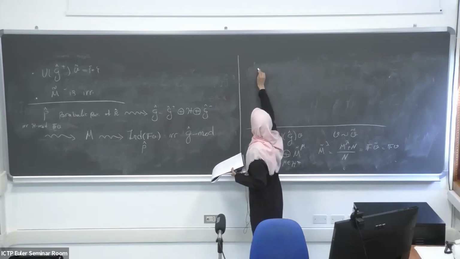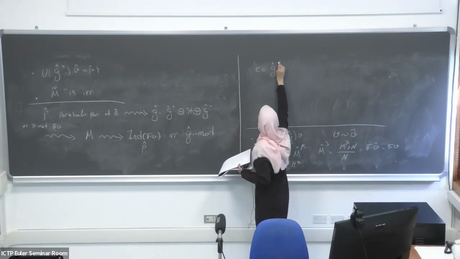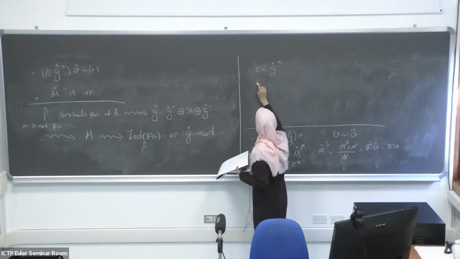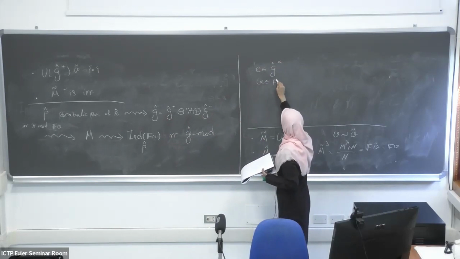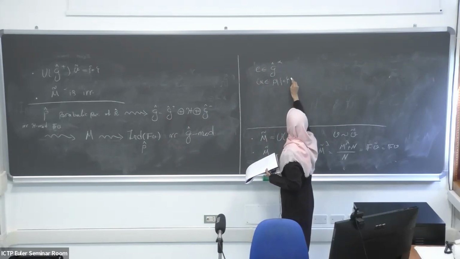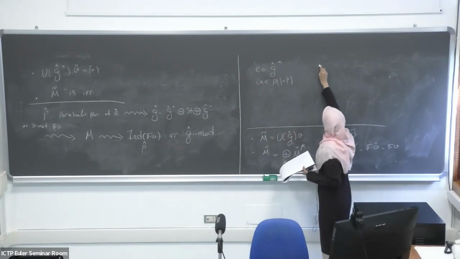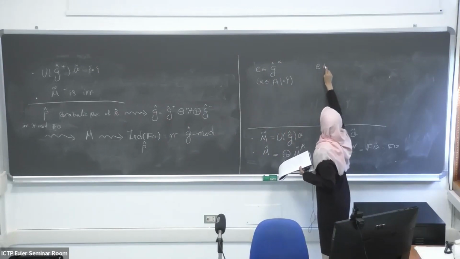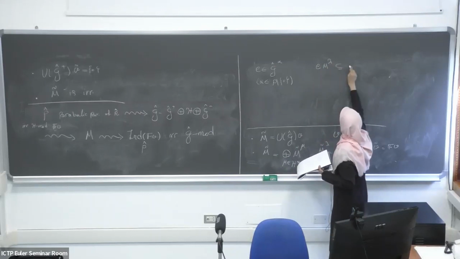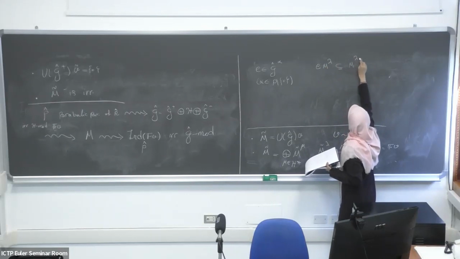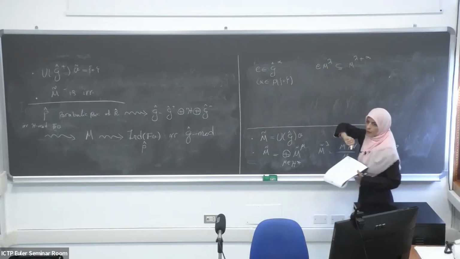If E is an element of G hat alpha, and alpha is an element of P hat minus 0, then E M lambda is easy to see to be a subset of M lambda plus alpha, right?